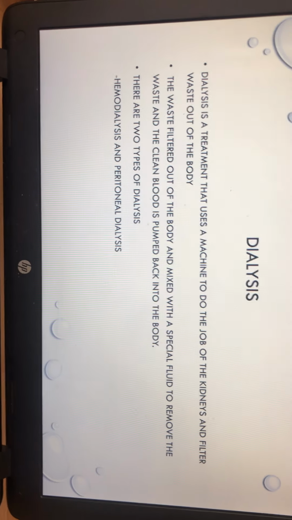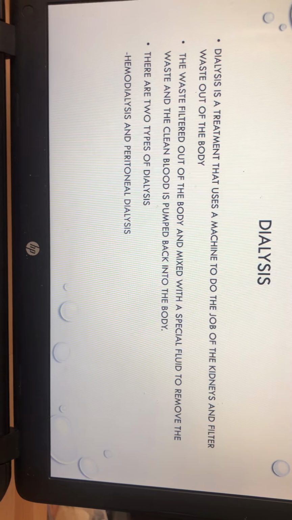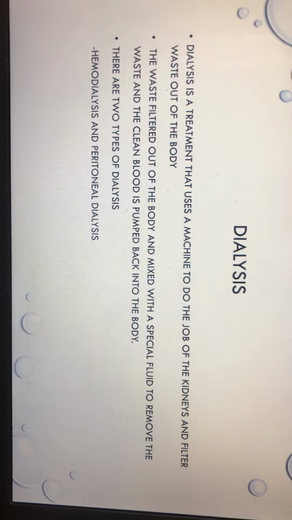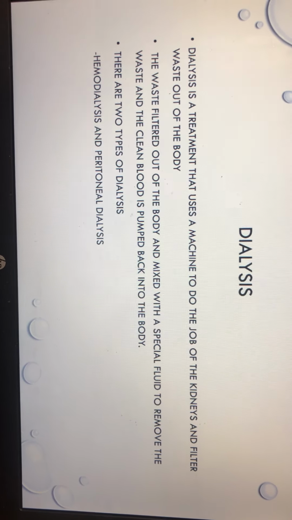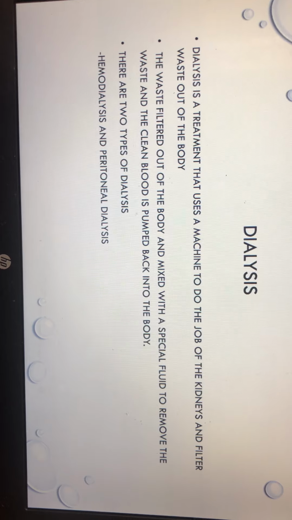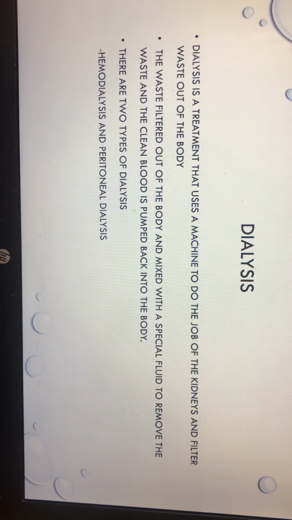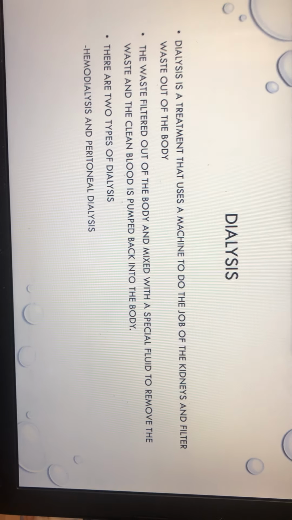Dialysis is a treatment that uses a machine to do the job of the kidneys and filter waste out of the body. As stated in the beginning, the kidney's job is to filter waste. This machine does that for the body. The blood is mixed with a special fluid to remove waste and clean the blood, and the clean blood is pumped back into the body.